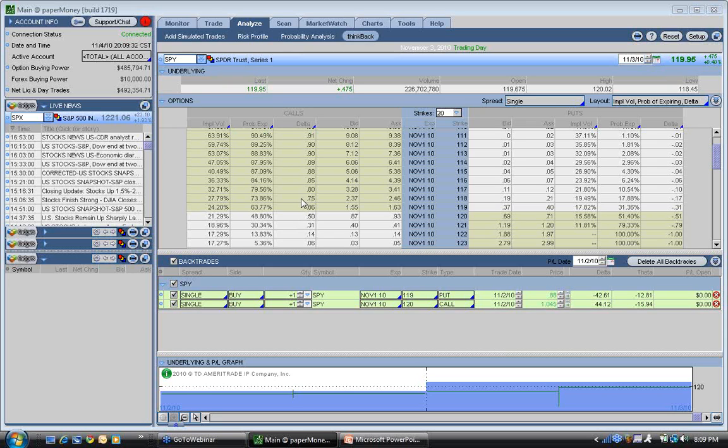This program is called Think or Swim. So take a look at the strangle. All right, you'll notice that after today, even though the market's up, the strangle's only about $1.30.